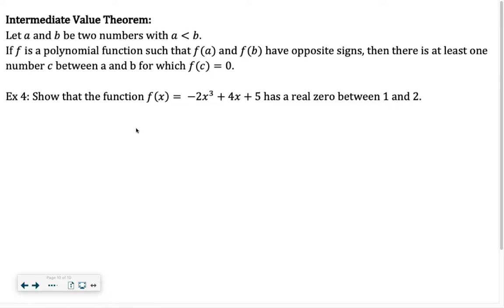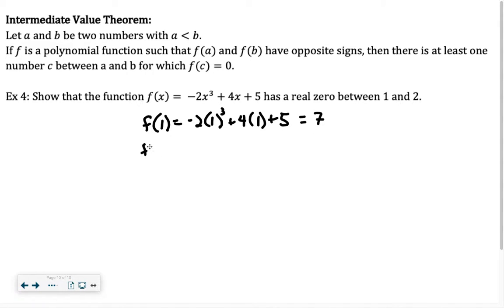So what I'm going to do is evaluate f of 1 and f of 2. So f of 1 is going to be -2 times 1 cubed plus 4 times 1 plus 5. So that'll be -2 times 1 is -2, plus 4 is 2, plus 5 is 7.